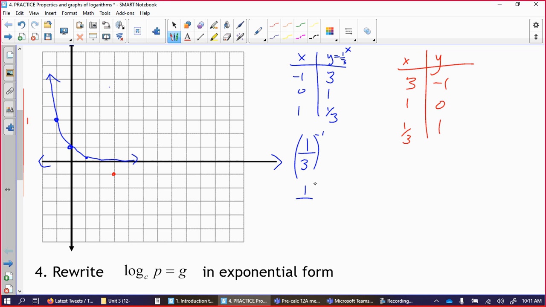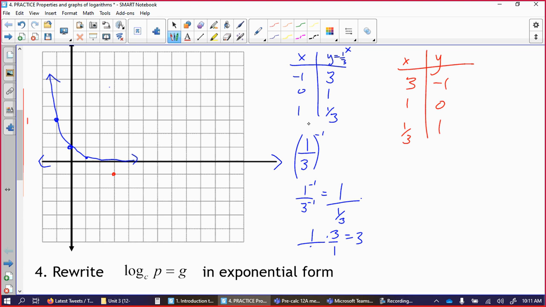So I can split this up like that, right? Well, that's going to be 1. 3 to the negative 1 is 1/3. 1 over 1/3, when I multiply by the reciprocal, 1 times 3 over 1 is 3.